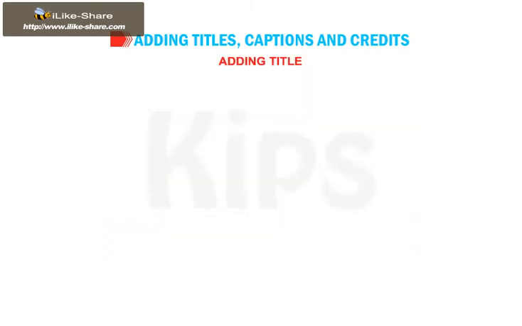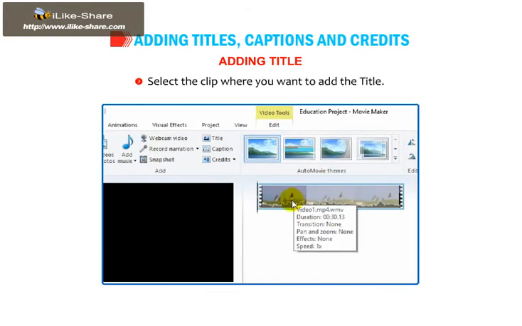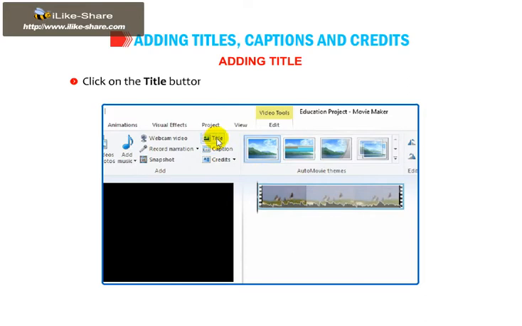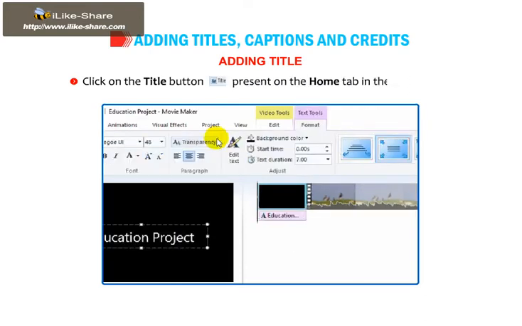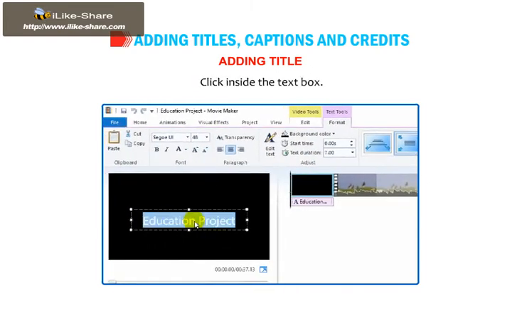Adding title. Select the clip where you want to add the title. Click on the title button present on the Home tab in the Add group. A black slide will appear. Click inside the text box.